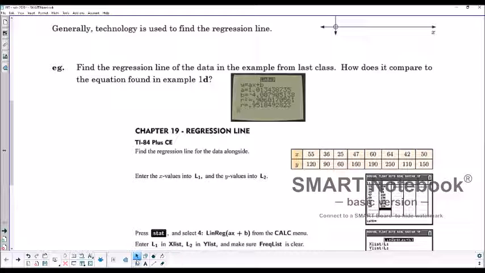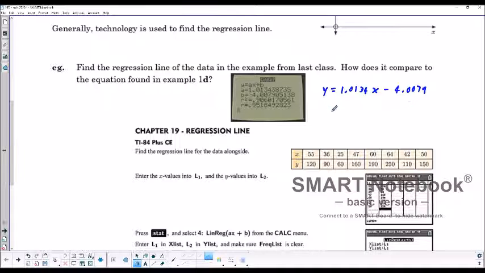And notice that the equation would be y equals 1.0134x minus 4.0079.